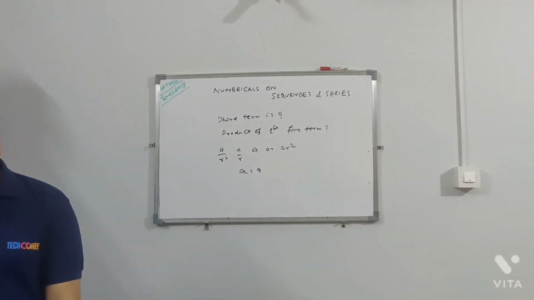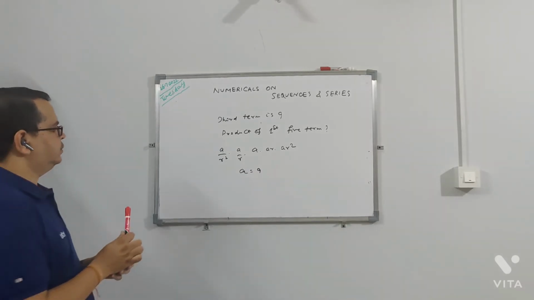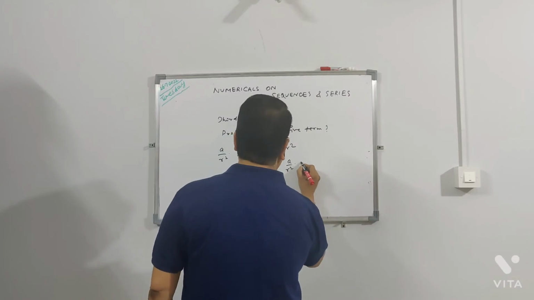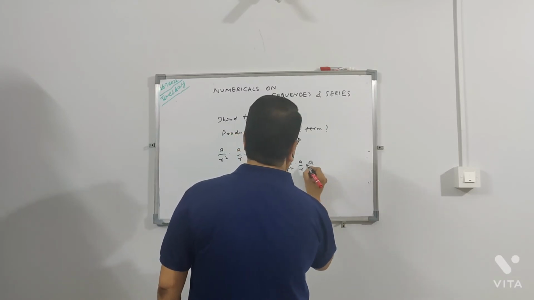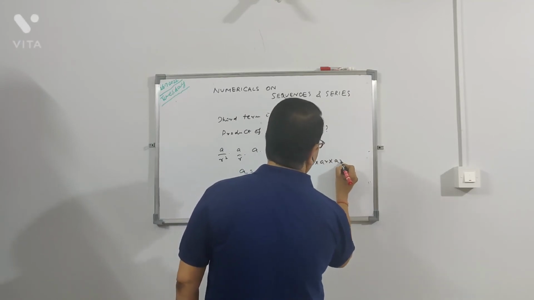So now you want to find out the product of first 5 terms. So the product of first 5 terms will be A by R square into A by R into A into AR into AR square.